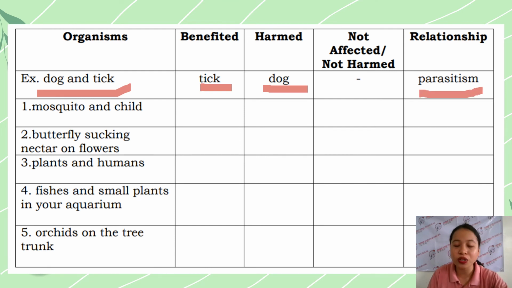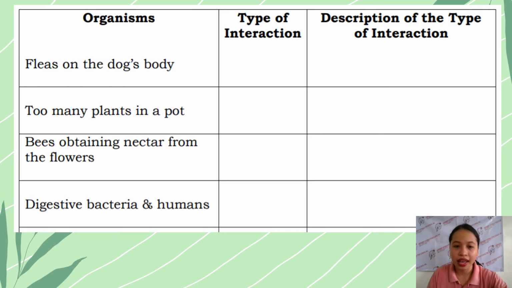I want you to also do that for the following numbers, and this one also, at the back of your paper or below. I want you to write also this one: fleas on the dog's body. What type of interaction is that?